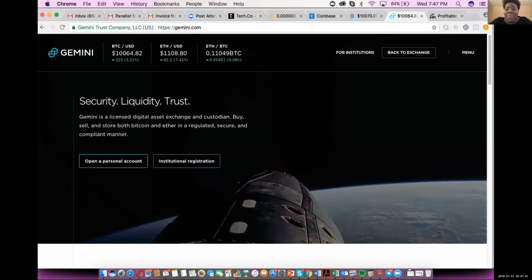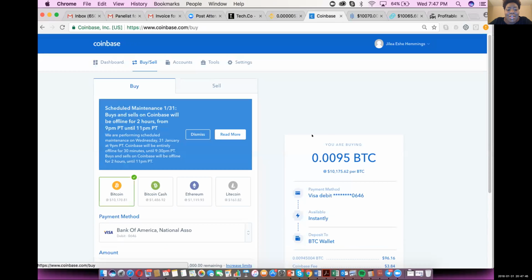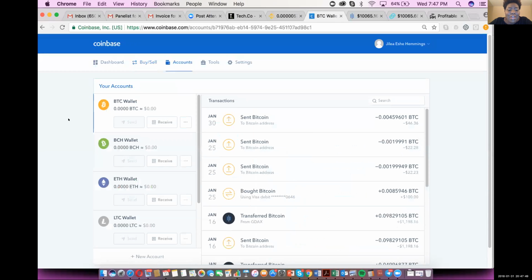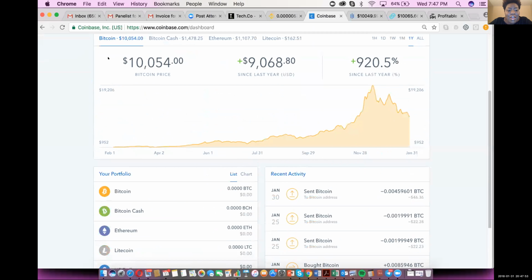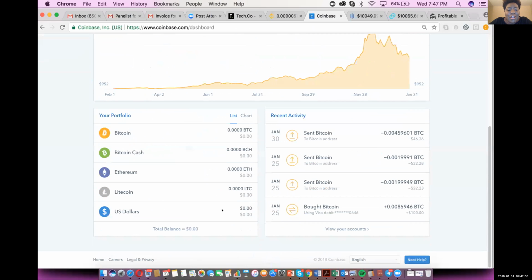So if you decide to put $1,000 in, and I'll show here, if you had $1,000 and you left it in US dollars right here, that is what's FDIC insured up to, I don't know if it's 100,000, 150,000. But if you have it in any of these, then it's not.